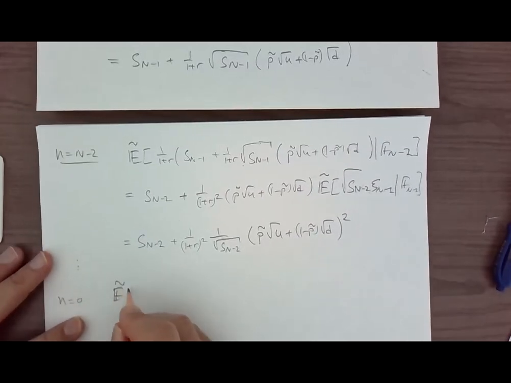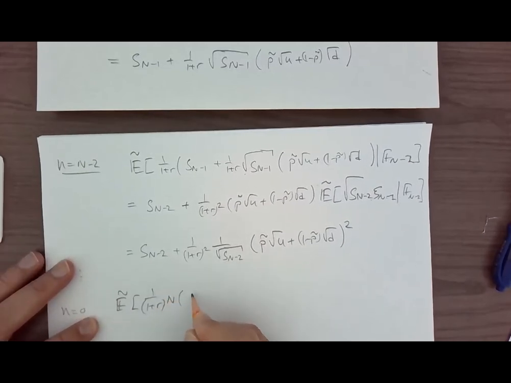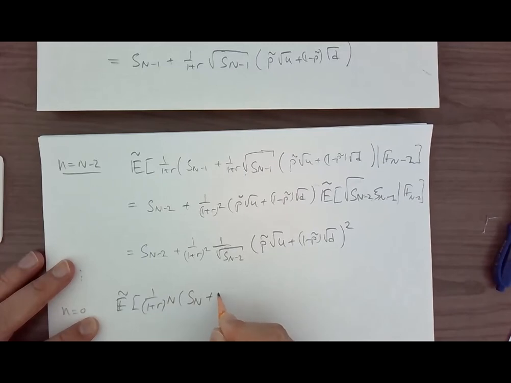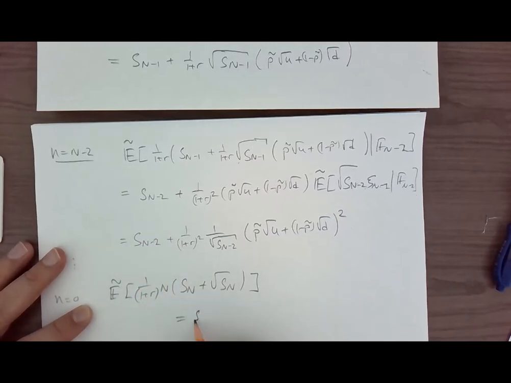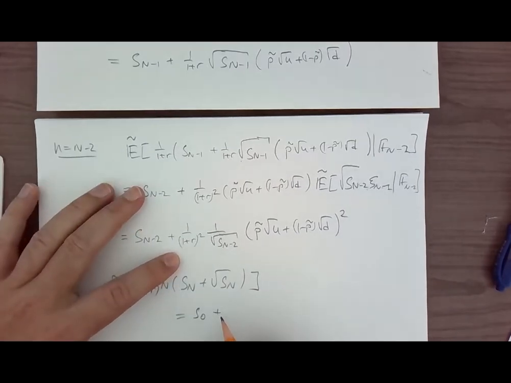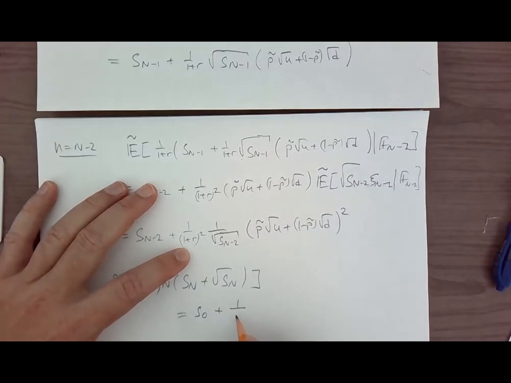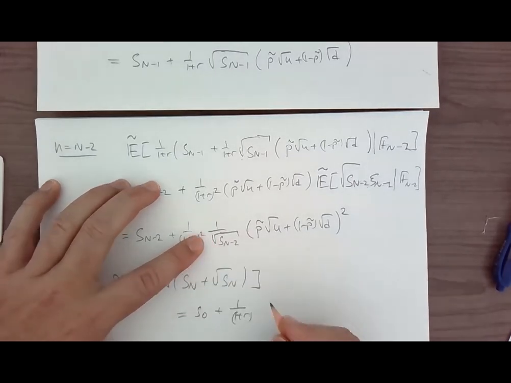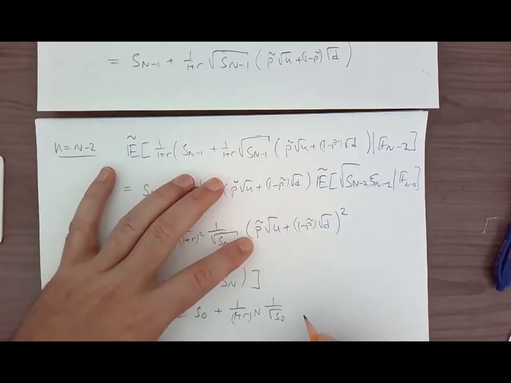You're going to get the expectation of 1 over 1 plus r to the n of Sn plus root Sn. The first term will just be S0. The second term will be 1 over 1 plus r to the n, times the square root of S0.